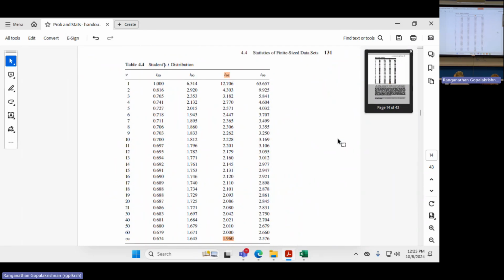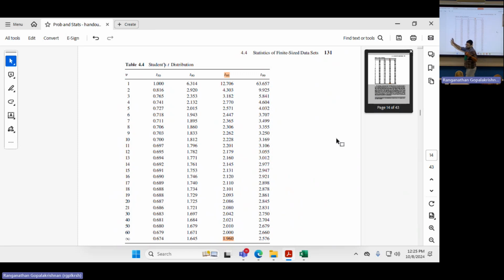So I want you to look up the t statistic value for 10 measurements at 95% confidence. If you did 10 measurements, your degrees of freedom is 9, and you want to look up at 95% confidence, which is 2.262.